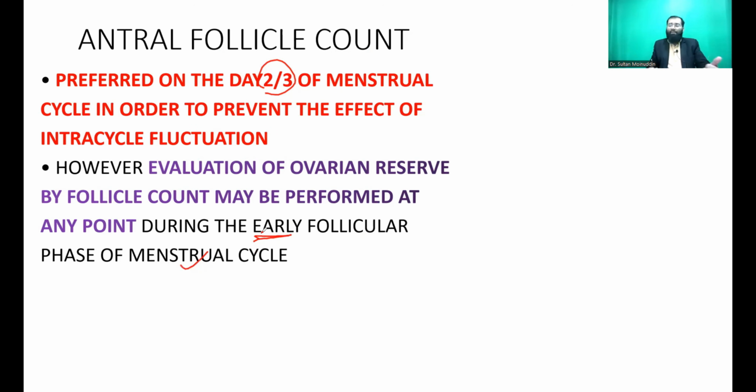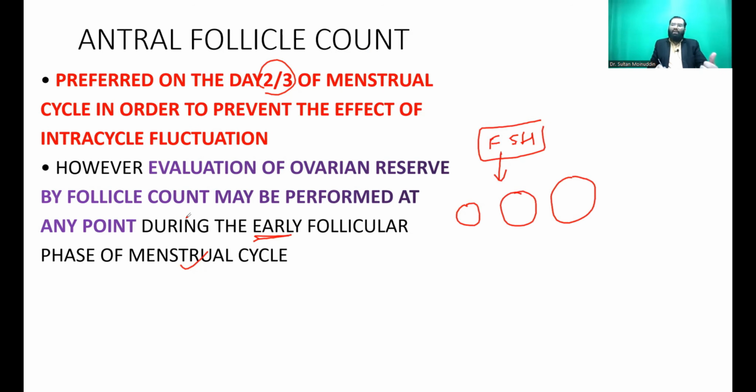Because during the early phase, you know that there is secretion of FSH, that is follicle stimulating hormone, and this FSH helps for development of the follicle, and as a result you have to do antral follicle count in the early phase of the menstrual cycle, that is during the FSH or follicular phase.